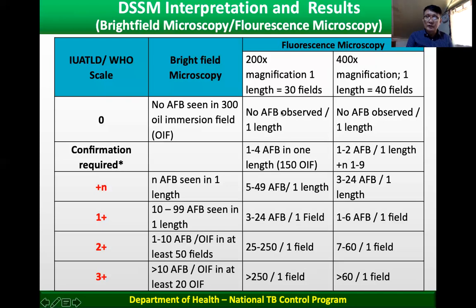When you use the low power, more AFB can be seen in one field because the coverage of the low power is broad. With the high power objective, you focus only on a portion of the field, so fewer AFB can be detected and quantified compared to the low power objective.